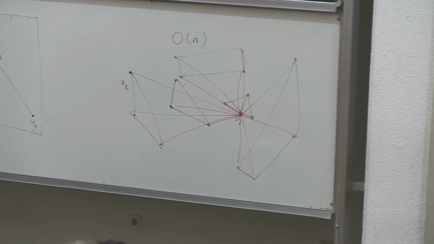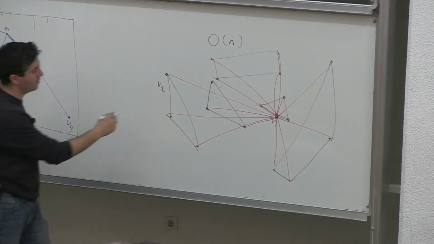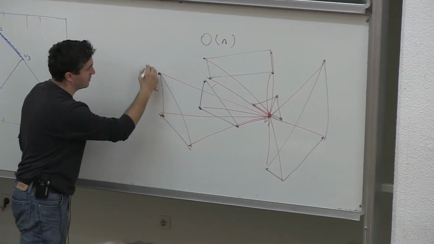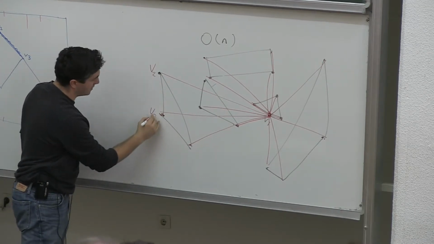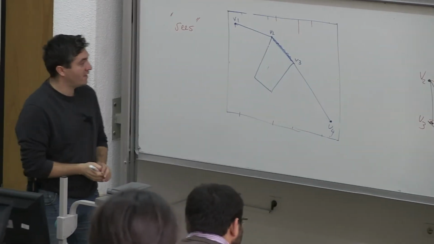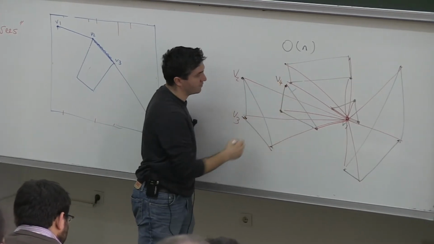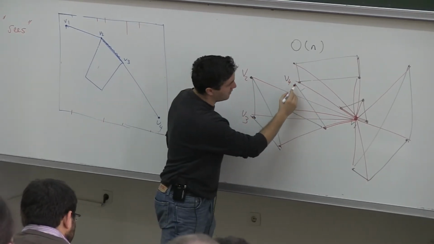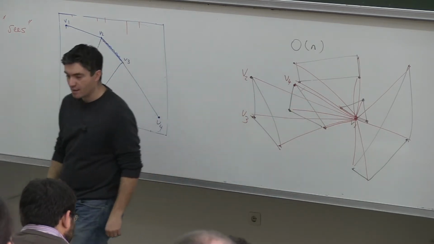Now, for example, take a look at these two vertices. Let's name them V2 and V3. Also take a look at this one, let's name it V4. I see V4, since that segment intersects nothing.